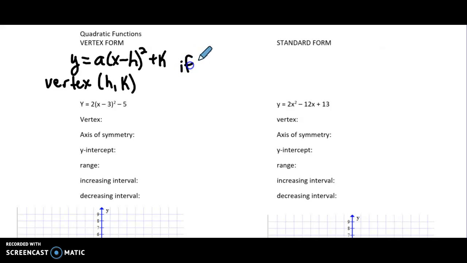If a is positive, then the parabola opens up. If a is negative, then the parabola is reflected across the x-axis and opens down. If a is bigger than 1, then you get a very, very thin-looking parabola. It's very skinny.